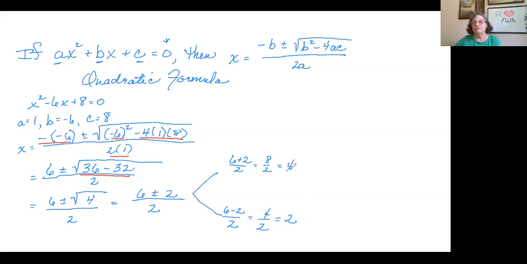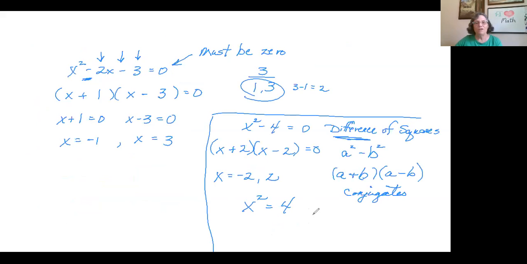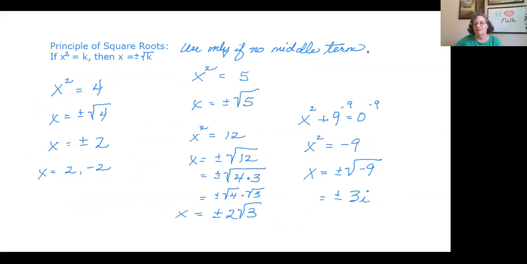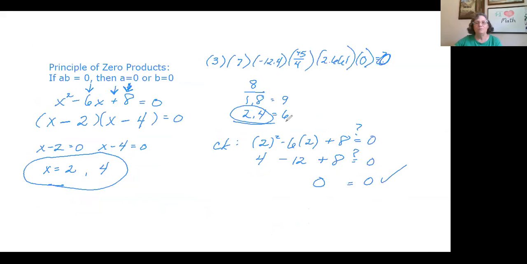So we know the answers here are 4 and 2 because we saw that we got the same thing back here. The method that you use to solve the problem is irrelevant. The answers are the answers and they do not change.